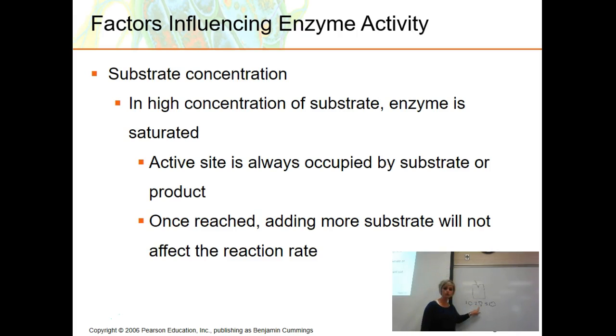If this number 2 is not available to this enzyme, am I going to kick out a product? No. The more of this substrate that is present, the more product that I can kick out, right? To a certain extent. Let me show you this chart.